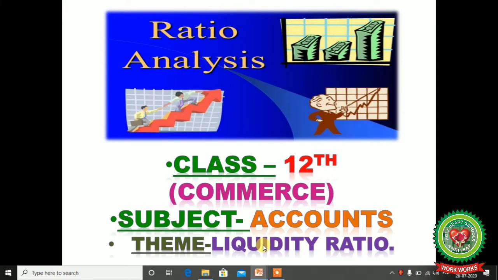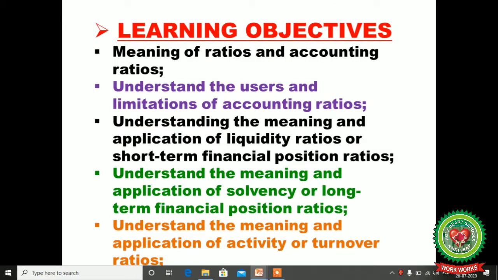So for this, first of all, what are the learning objectives? Number 1, meaning of ratios and accounting ratios. Understand the uses and limitations of accounting ratio. Understand the meaning and application of liquidity ratio or short-term financial position ratios.